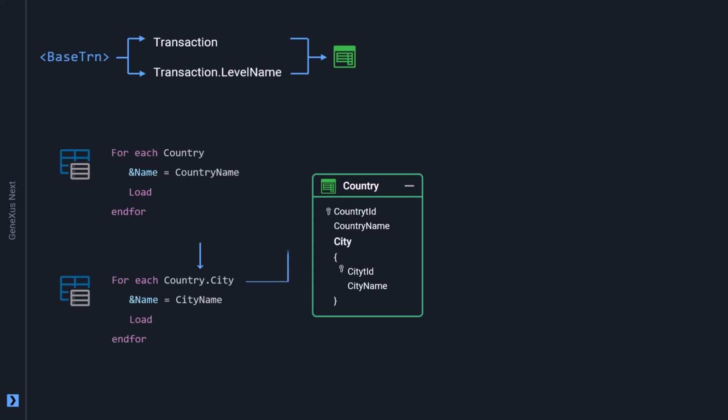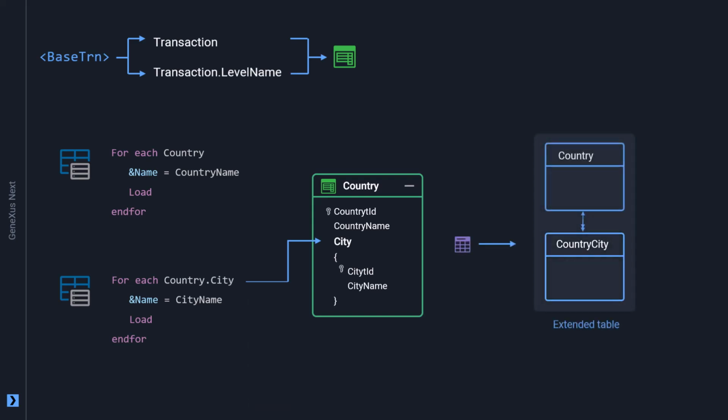That is, the one corresponding to the sub-entity representing the cities of the countries. The grid will then list the names of all the cities registered. The base table of the for each will be the table associated with the second level of the transaction. Its extended table also includes country.